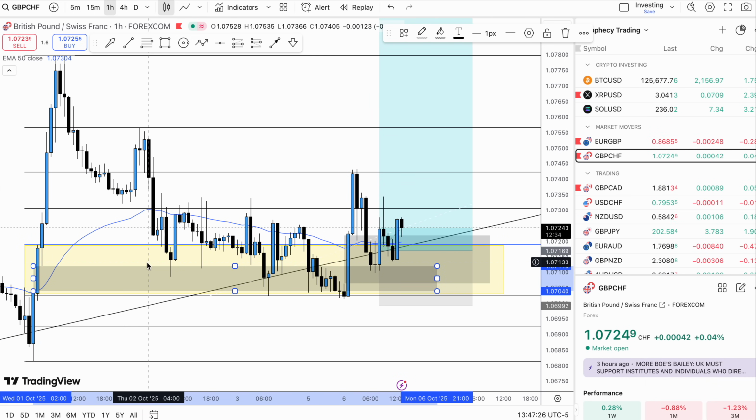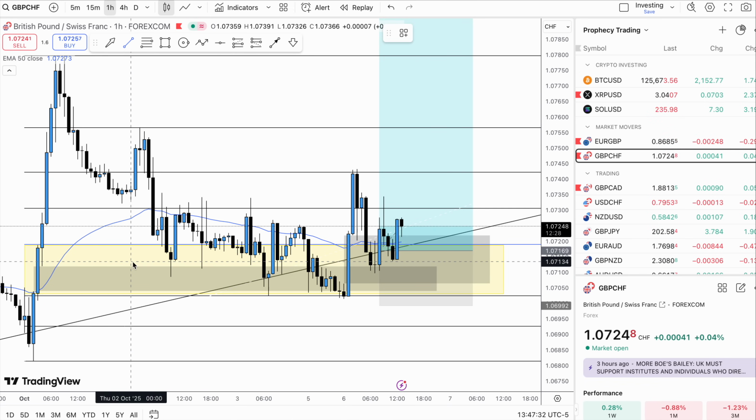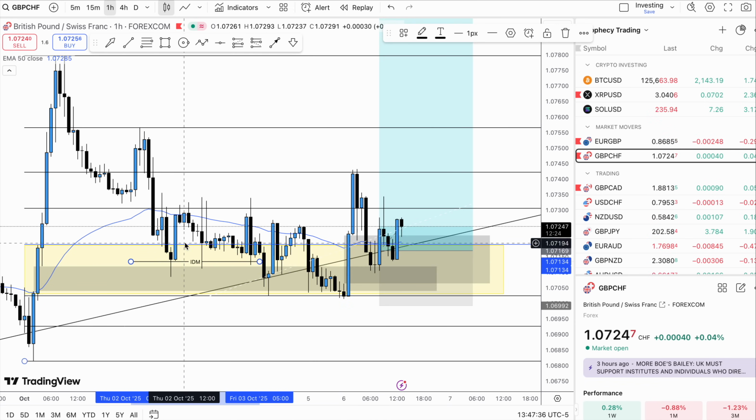I also did see some very vague inducement on this level here. Price came down once, twice, 3 times, stop hunt, took some traders out, and then it accelerated to the upside with a very strong bullish engulfing candle previously to a doji indecision candle.